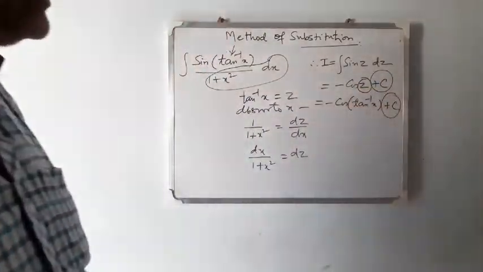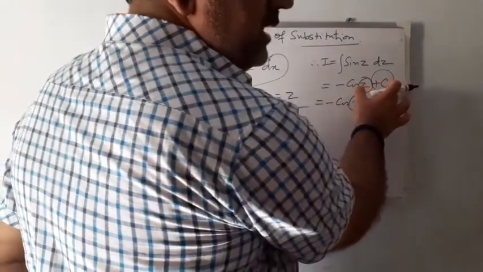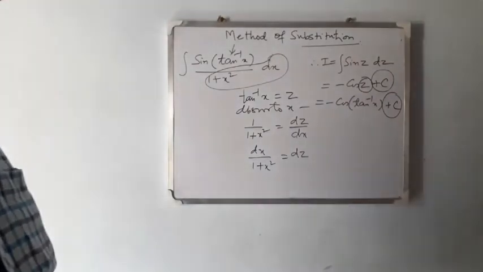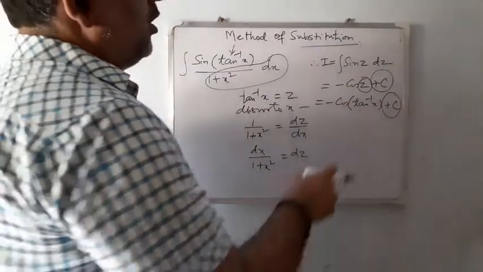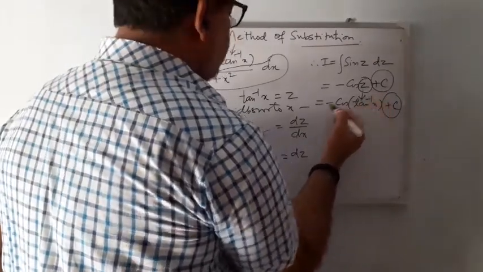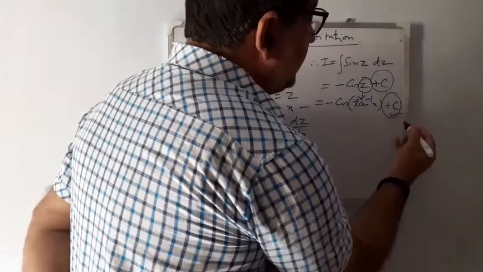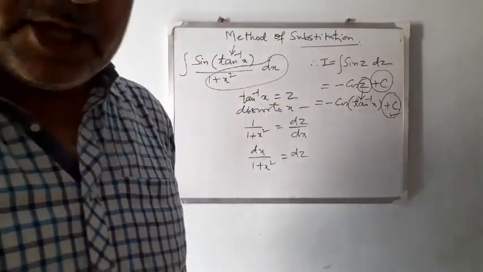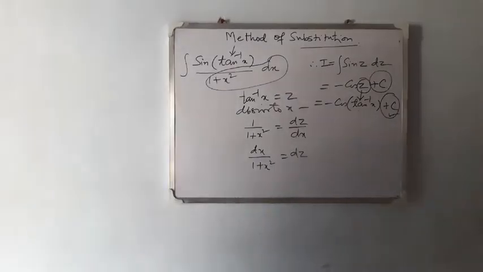Sometimes students in a hurry write the answer as minus cos z plus c. In that case your marks will be deducted. You will lose your marks. So always put the value of z that you assumed, and then always add the integration constant, plus c. These two things are compulsory while solving problems on integration.